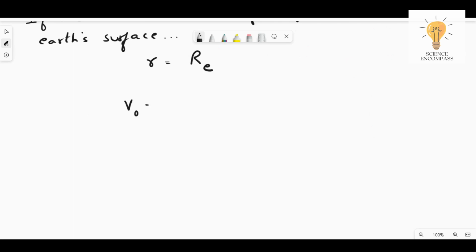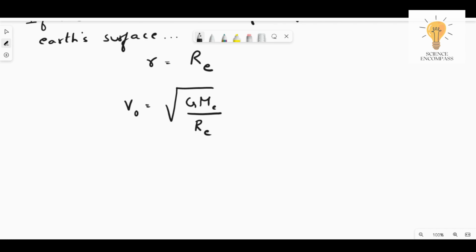V naught would be equal to the square root of the gravitational constant, mass of the Earth divided by that big R, the radius of the Earth. Now this looks a little familiar, doesn't it?